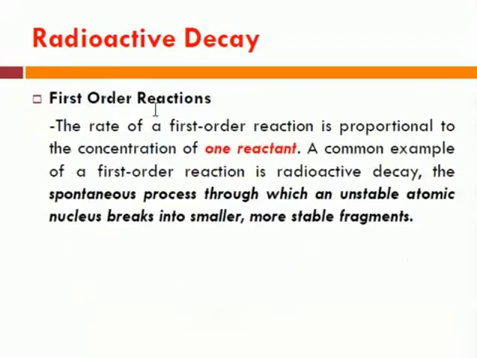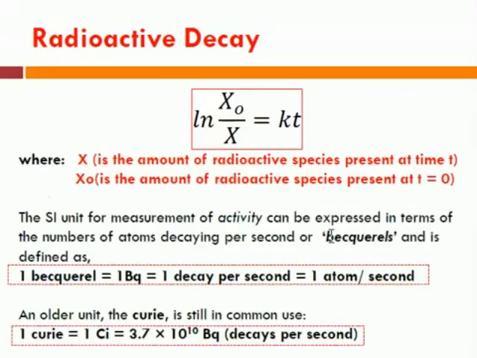What is a first order reaction? The rate of a first order reaction is proportional to the concentration of one reactant. A common example of a first order reaction is radioactive decay, the spontaneous process through which an unstable atomic nucleus breaks into smaller and more stable fragments.